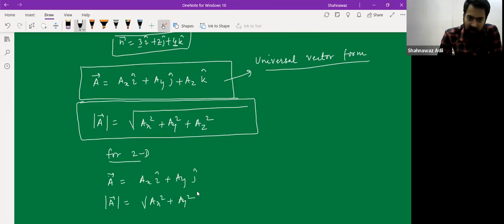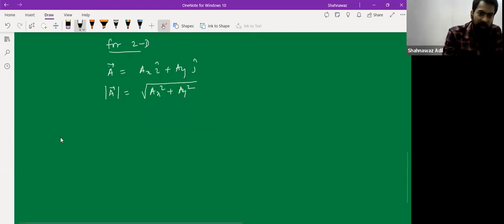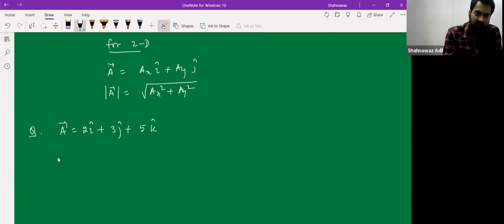So let's say I give you some vector. Let's say the first question: a vector is 2i plus 3j plus 5k. Can you tell me what would be the magnitude here?